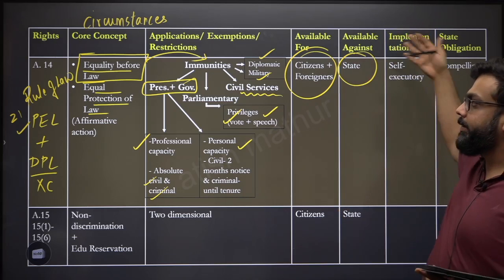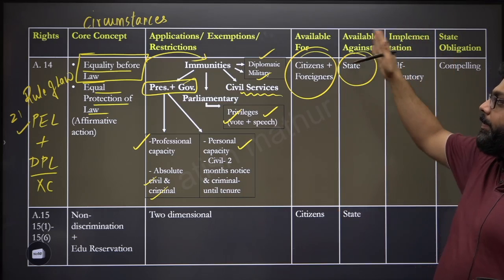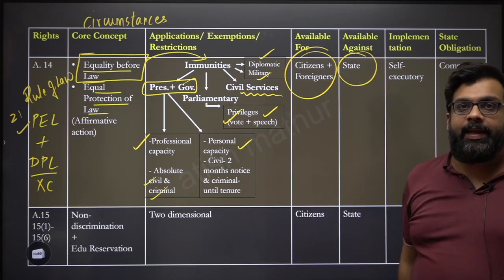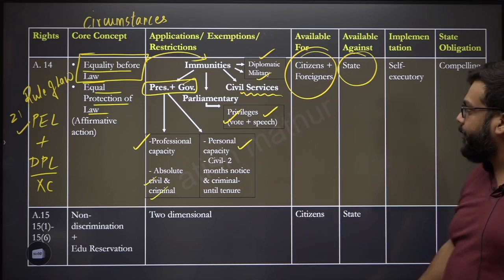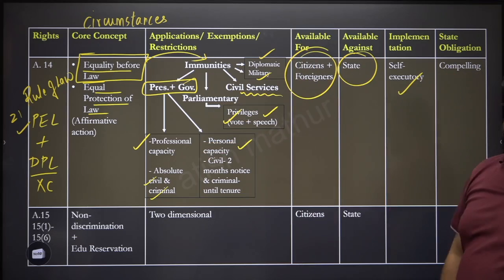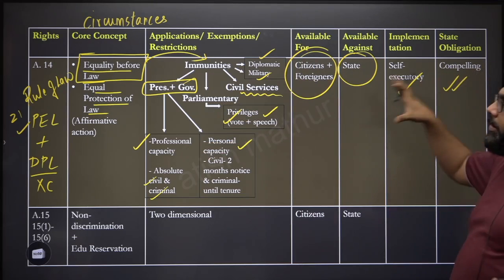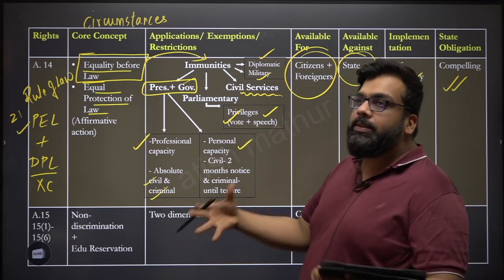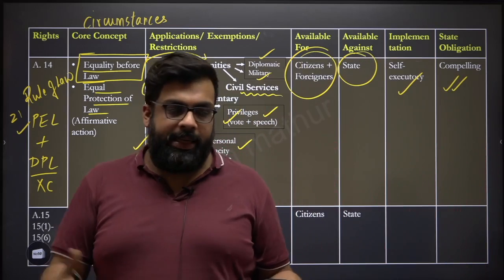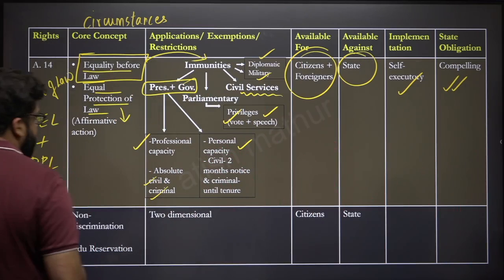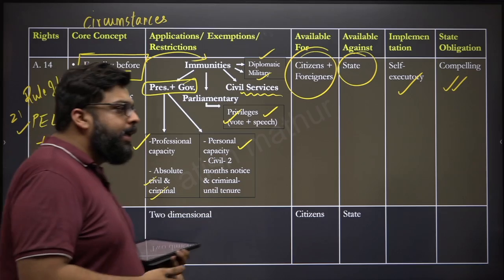If there is an existing law which is treating people unequally, then that law automatically would be violating Article 14, and the courts will look into it. So it is self-executory, and the state is compelled to maintain equality amongst the laws that it passes or implements, right?